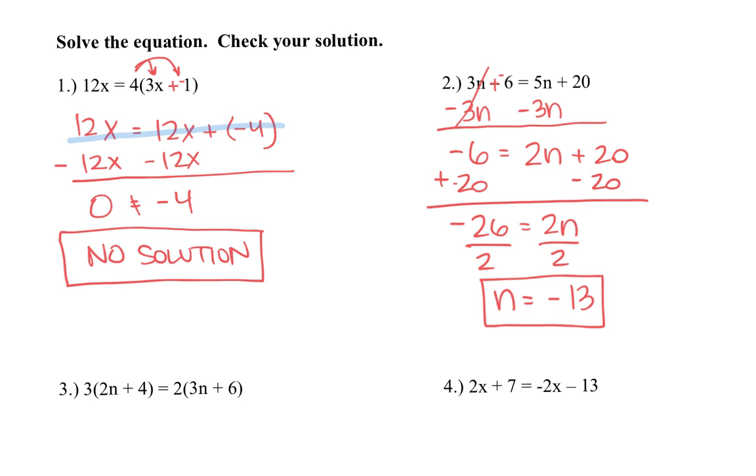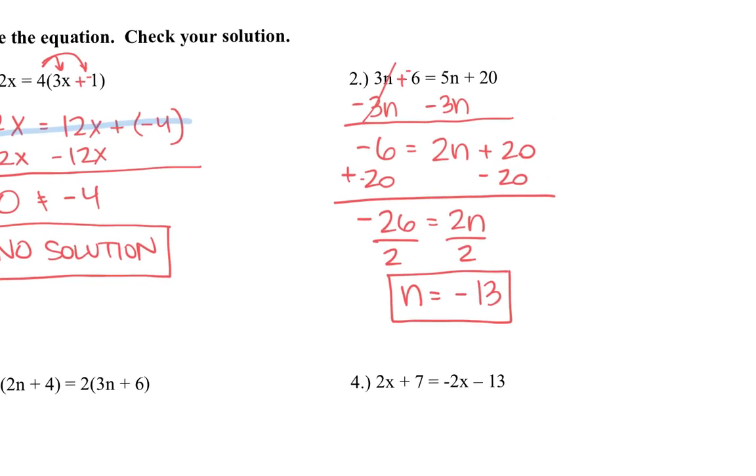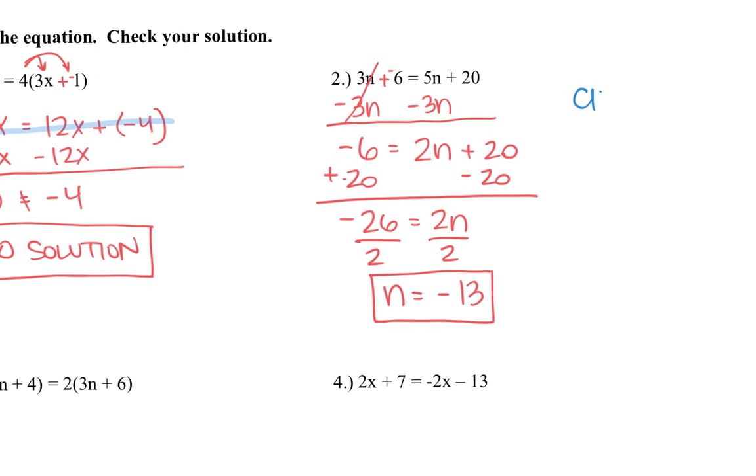So then I do need to do a check step because I do have a solution. So remember here, both times that I see n, I'm going to plug in -13.